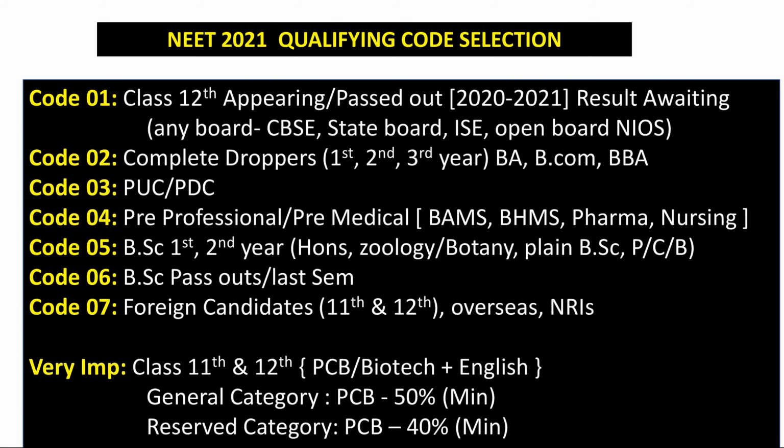So NTA has decided, keeping this in mind, to introduce two sections, A and B, so that the students who have prepared based on the reduced syllabus are not affected in any way in the NEET examination this year. Apart from this, I could not find any other clarity from NTA on the sections.